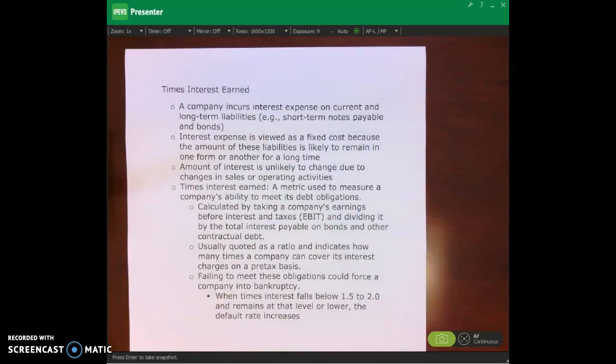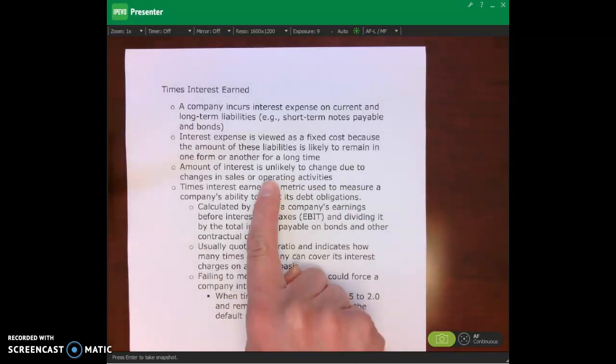That interest expense is considered a fixed cost, and what a fixed cost means is that it stays the same in total, regardless of the level of activity of the company. Think of rent as an example of a fixed cost. So is interest. It's unlikely to change as a result of any operating activities by the company or sales.